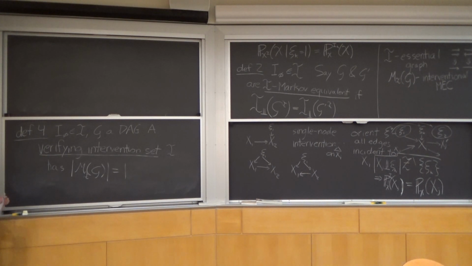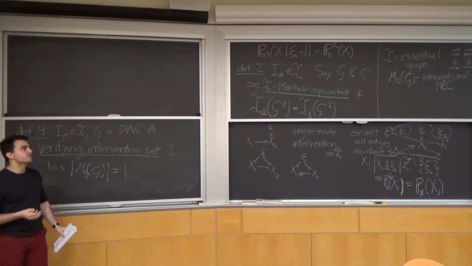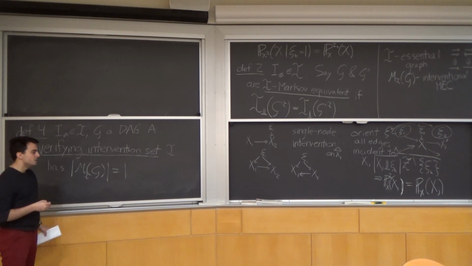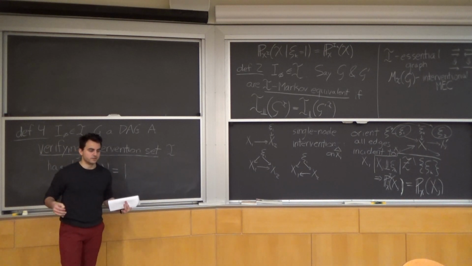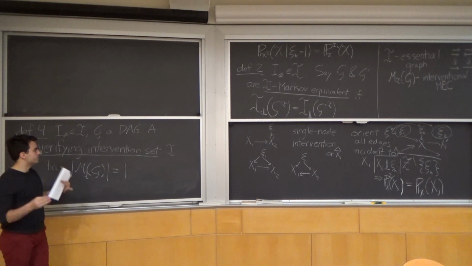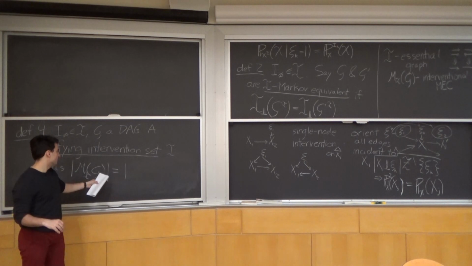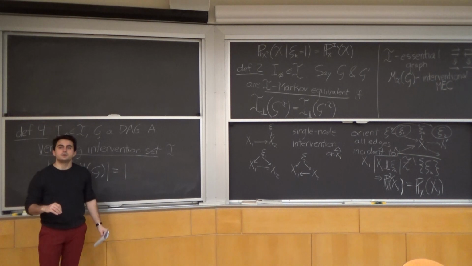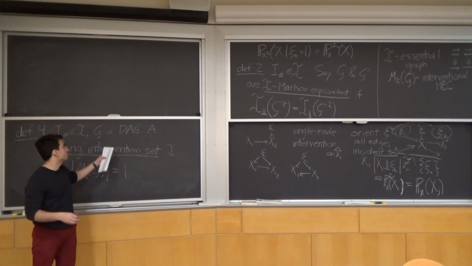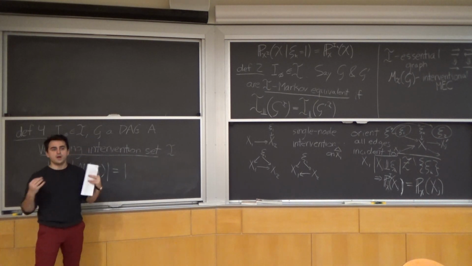And my interpretation of why we are calling this a verifying intervention set is to distinguish it from the case where you're just a scientist, an experimenter dealing with this system, and you have to come up with interventions on your own such that this holds. Well, you might not be able to, a priori, because you don't actually know the graph, right? So you can't do this in the optimal, minimal way.